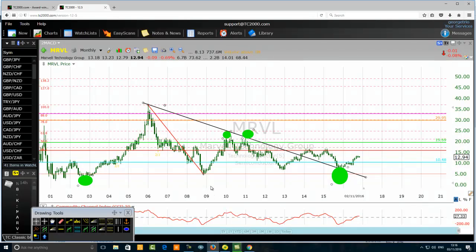But one more thing. As I said before, we are trading first the market, the S&P 500. But when we look at the S&P 500 right now, it's in a fifth Elliott wave. Is it the best time one should buy Marvell Technology? Personally, I will put it on my bullish watch list, but I will not buy it yet.